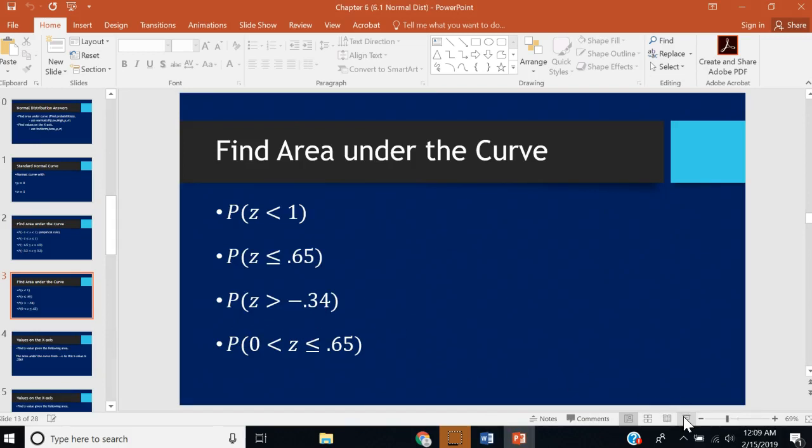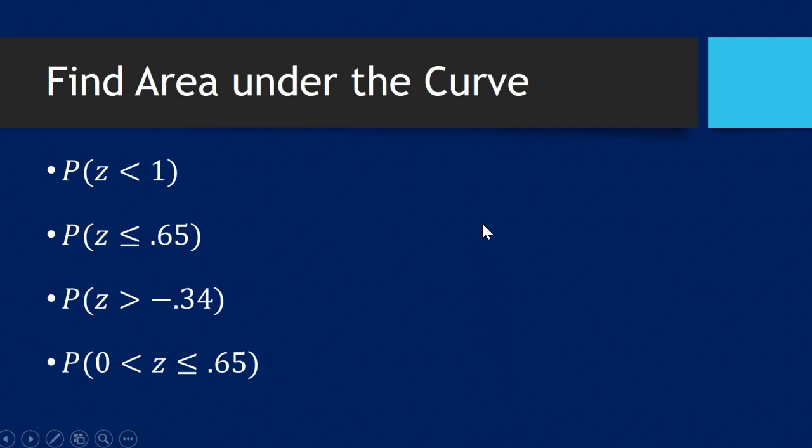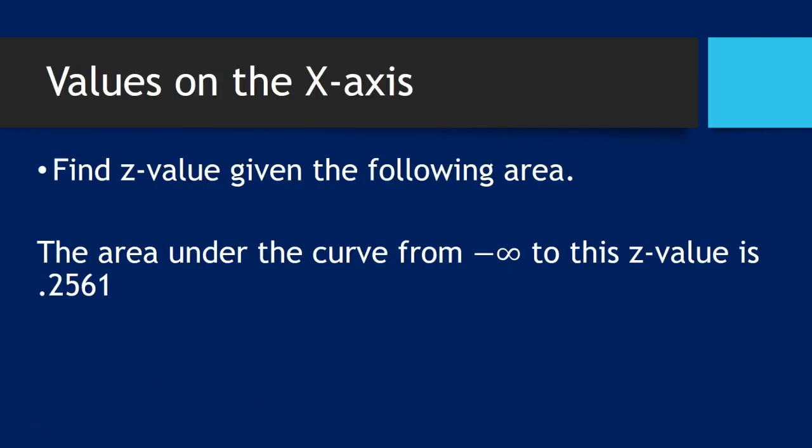And that next type of problem is the inverse norm type problem. This is where we find the values on the x-axis. Now, once again, we're going to start looking at normal curves, which are just the standard normal curve. So we're going to restrict just to the standard normal curve.